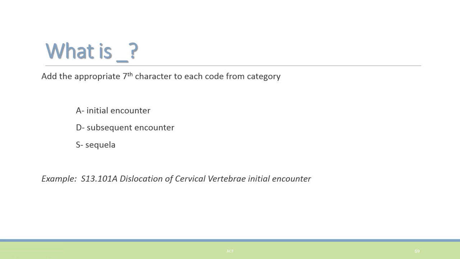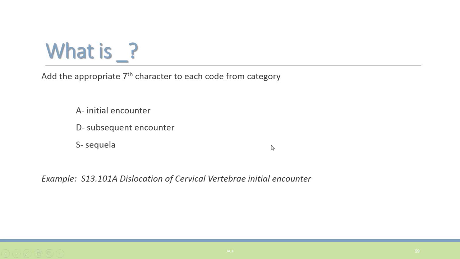For our traumatic subluxations, on the initial exam, the initial encounter, you're going to put A. So right here, for example, S13101A, dislocation of cervical vertebrae, initial encounter.